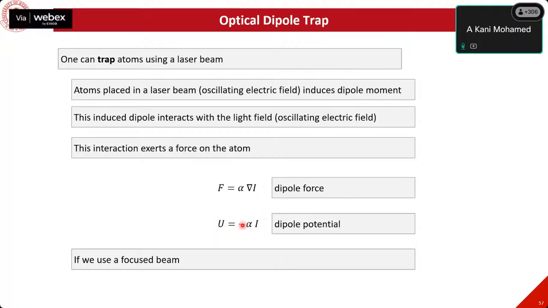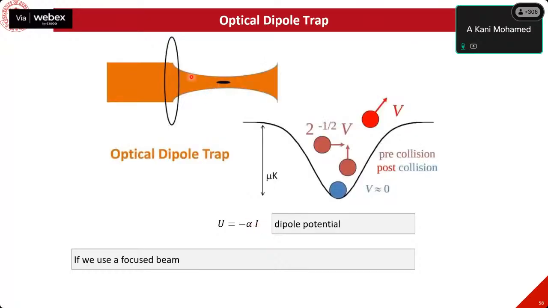But just by playing with the intensity profile of the laser beam, we can actually trap the atom. If we use a focused beam, the intensity is maximum at its focus. This intensity variation is going to create a kind of potential for the dipole, the atoms.